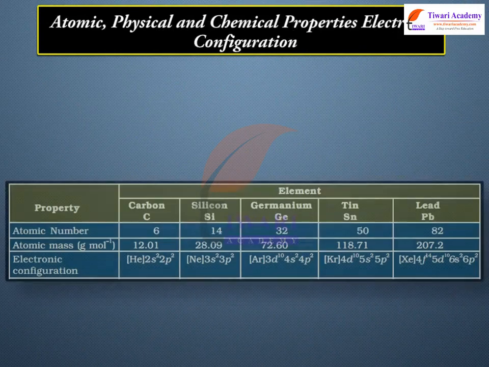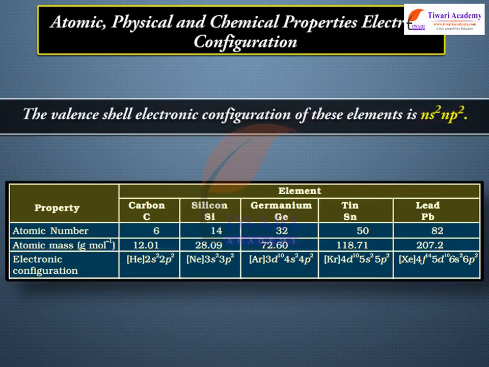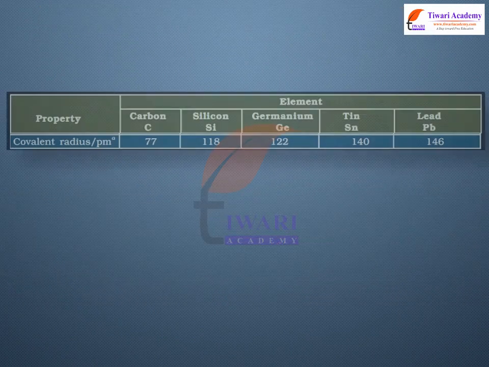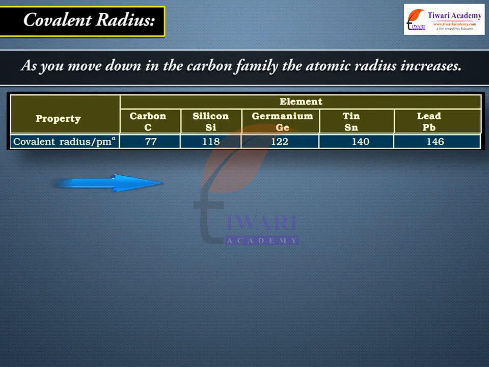Atomic, physical, and chemical properties. Electronic configuration. The valence shell electronic configuration of these elements is ns2np2. Covalent radius. As you move down in the carbon family, the atomic radius increases.